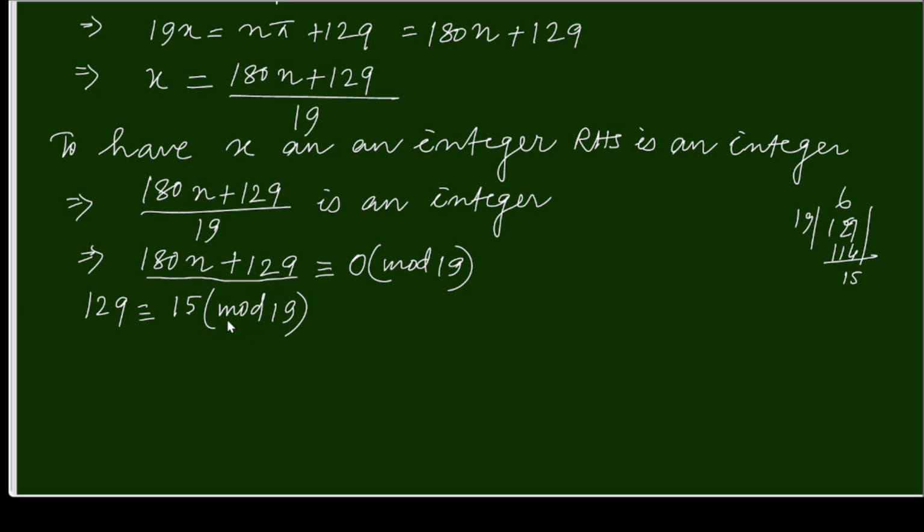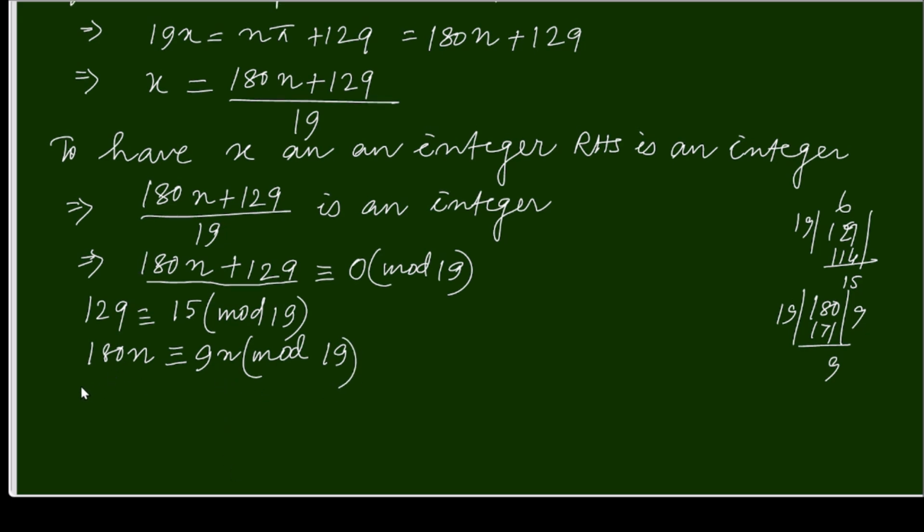Now 180n is congruent to, next I'll test for 180. When 180 is divided by 19, I'm getting 19 times 9 is 171, and 9 is the remainder. So this will be 9n modulo 19. That means now 15 plus 9n, the remainders from both the cases, should be divisible by 19. So this should be congruent to 0 modulo 19.